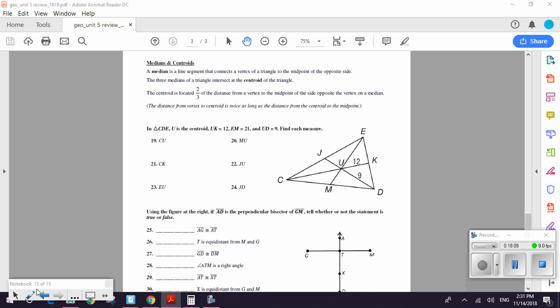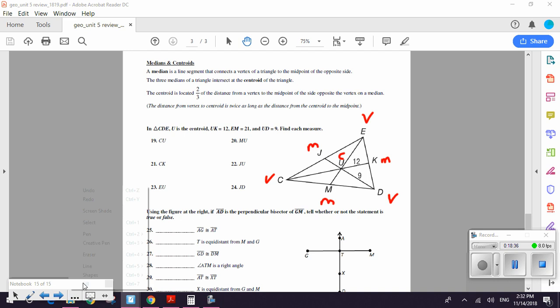So on this diagram, U is our centroid. Now, the triangle's vertices are C, E, and D. So I'm going to put a V by all those. We said U was the centroid, so that's a C. So that means the other points on here are all midpoints. So keep that in mind.